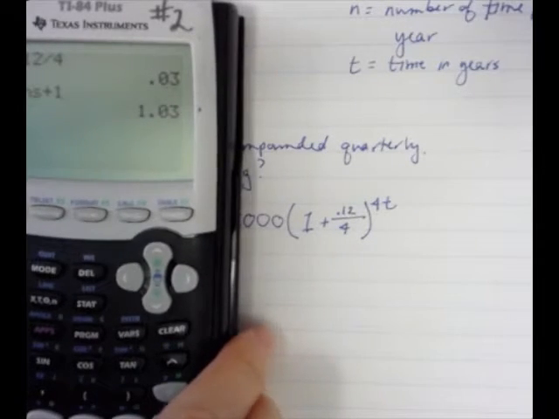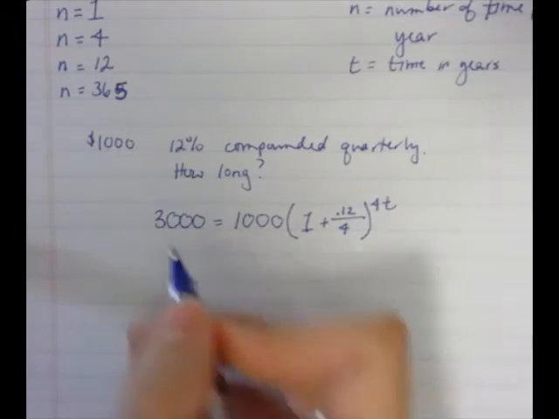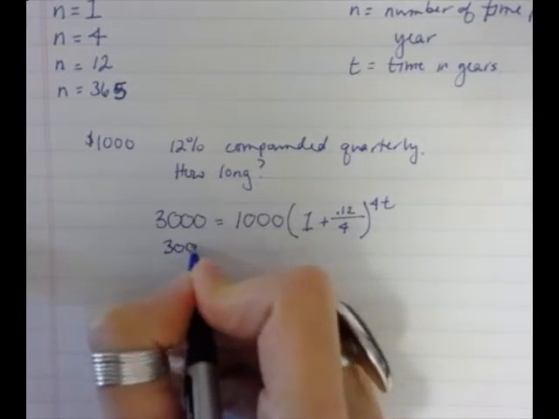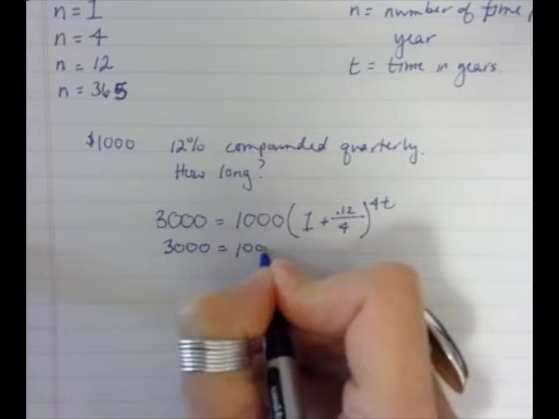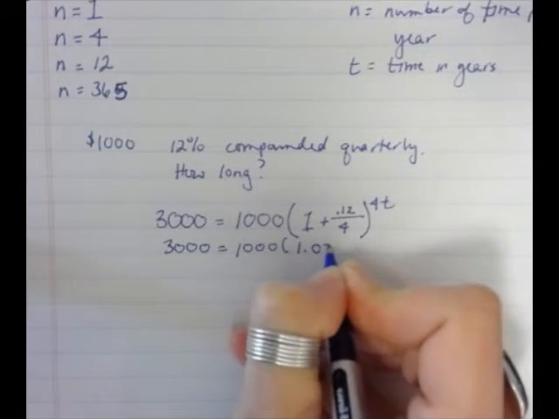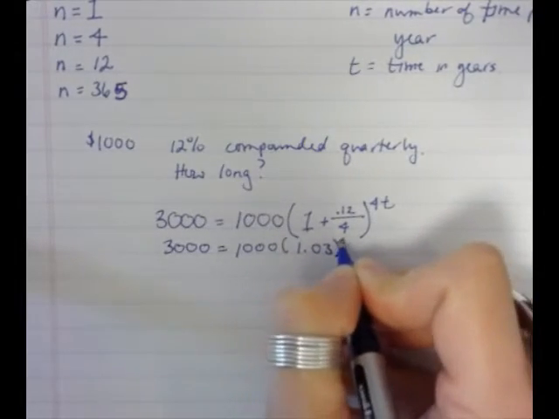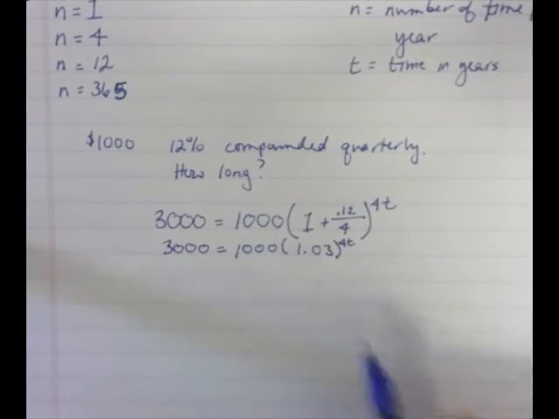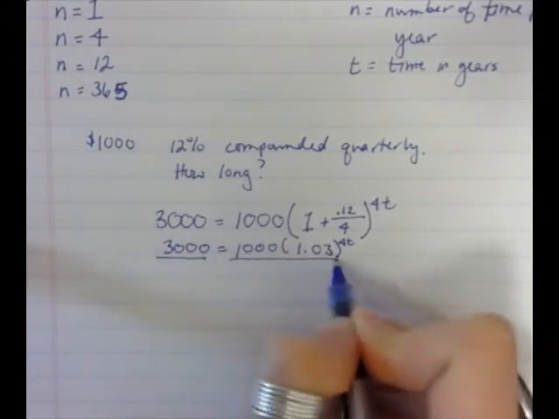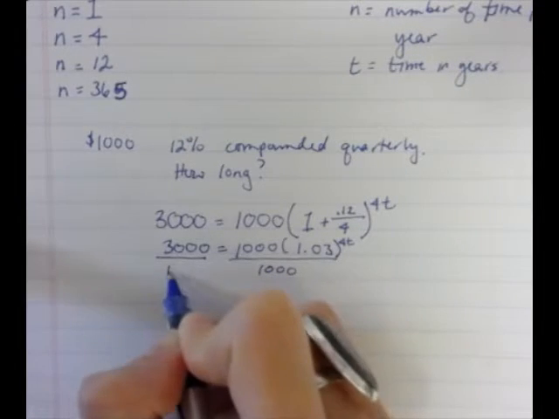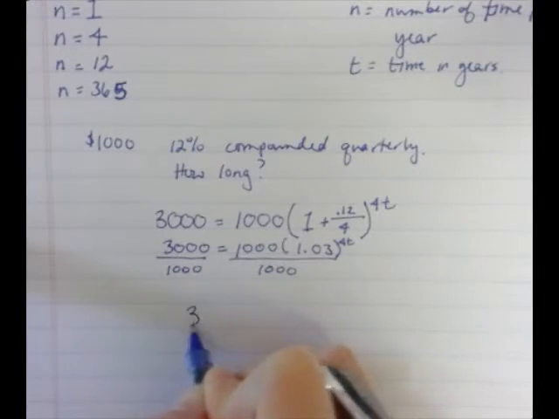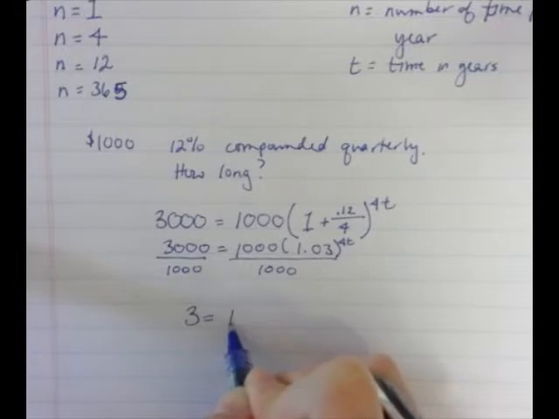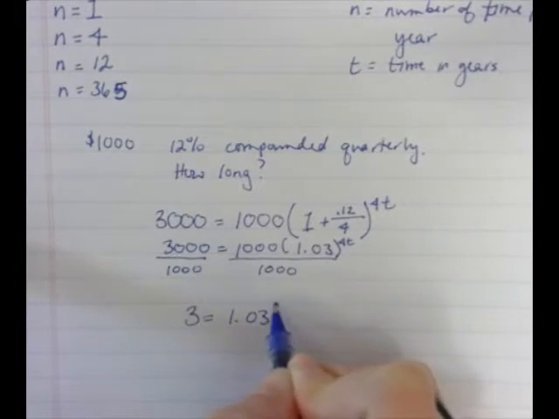I get 1.03. That's going to be my new number inside my parentheses, and I still keep it to the 4t. Now I can simplify even more by dividing everything through by 1,000. If I divide everything through by 1,000, I get 3 equals 1.03 to the 4t.